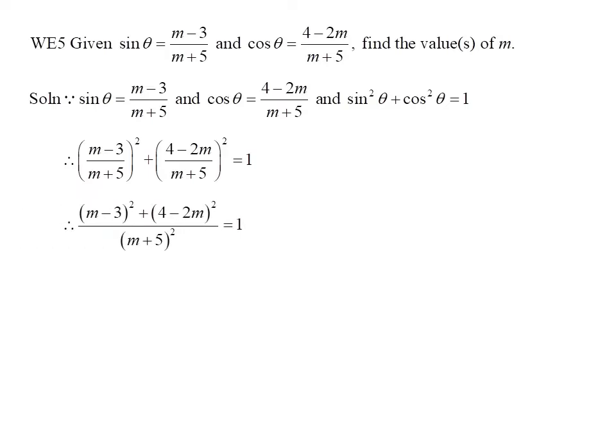Since both fractions have the same denominator, the equation can be simplified by combining the two fractions into one. Hence, the quadratic equation can be solved using the quadratic technique, and the results of m are then obtained. So we have m sub 1 equals 0 and m sub 2 equals 8 accordingly.